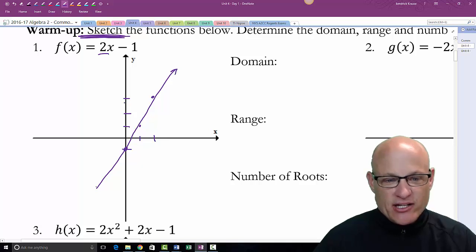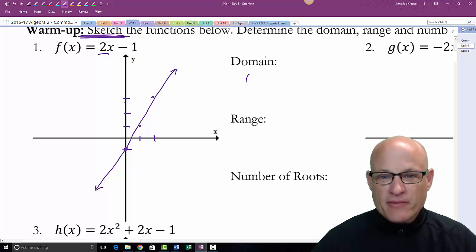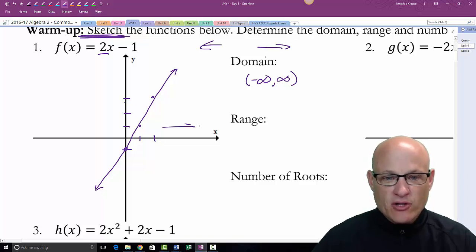So a linear function just creates a straight line, and has a domain from -infinity to +infinity. Remember, domain goes from left to right. How much is it going this way and how much is it going this way?